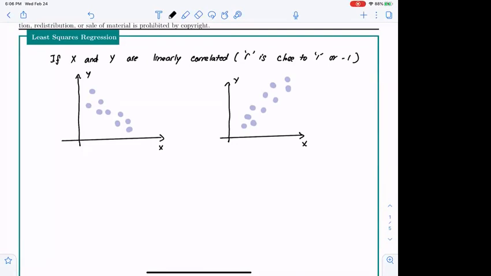So the first case is negative correlation. The other case is positive correlation. So negative correlation, the value of r is expected to be between -1 and 0.